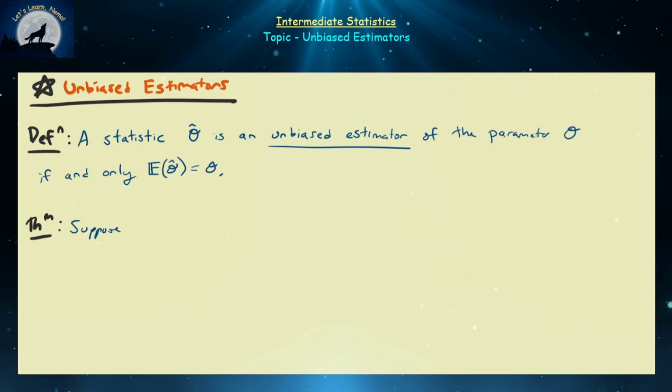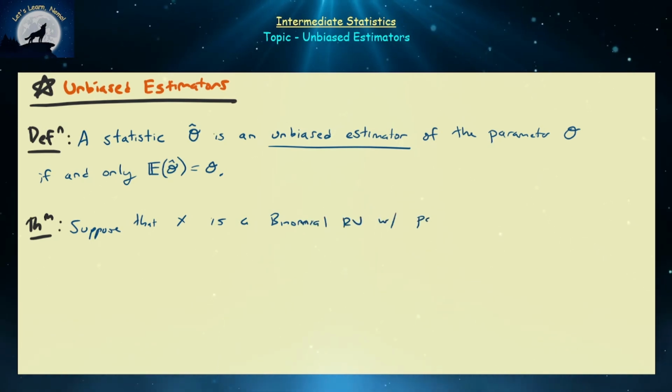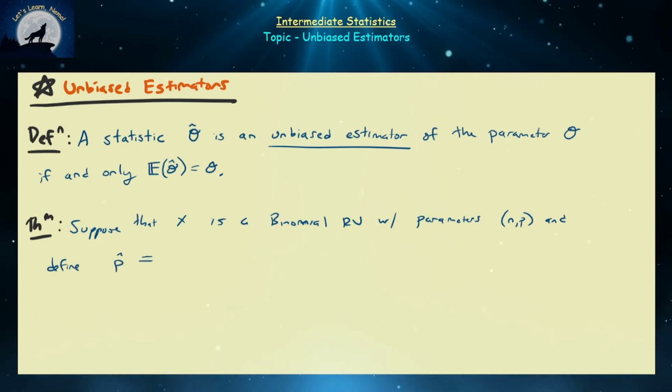Let's suppose that X is a binomial random variable with parameters n, p, and let's suppose we define p hat to be equal to capital X divided by little n.